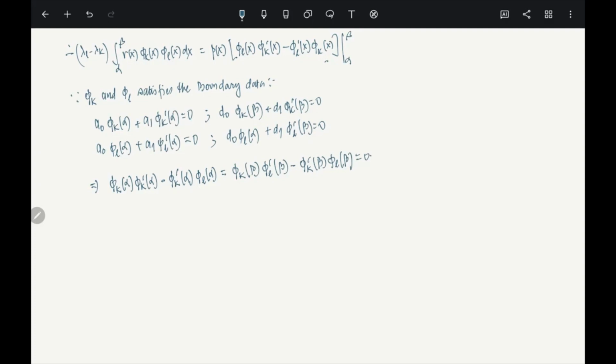This is what we are going to get. Why are we going to get this? Can you understand what is happening here? See, the boundary data is satisfied, right? Now think about it this way.